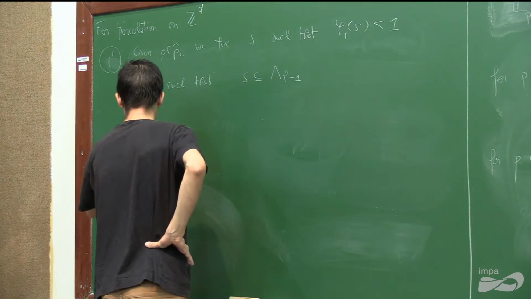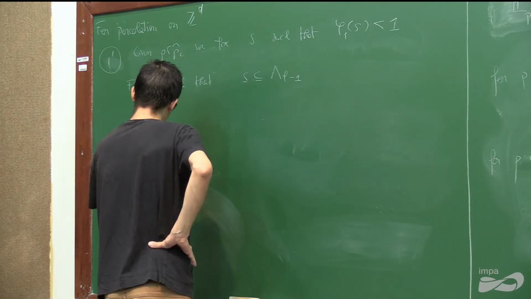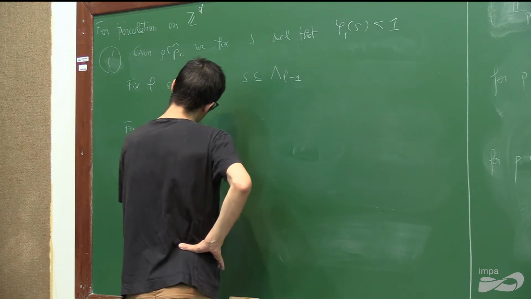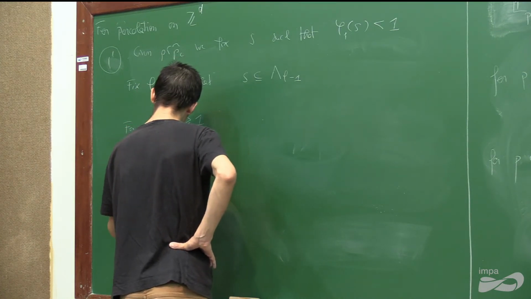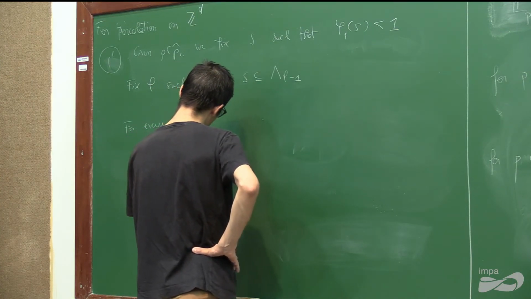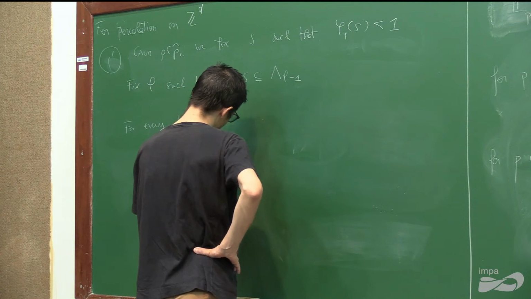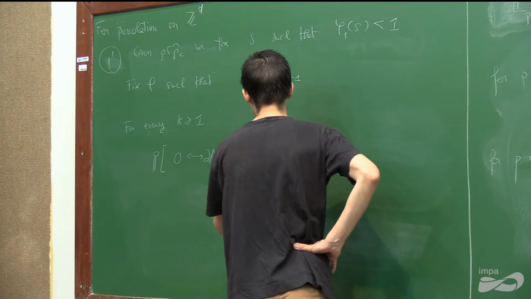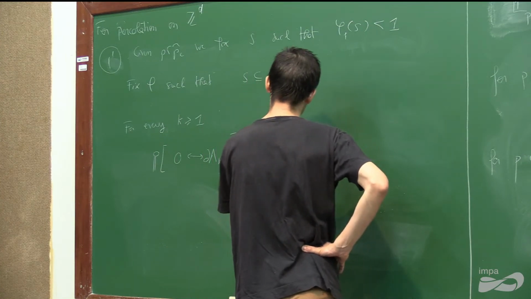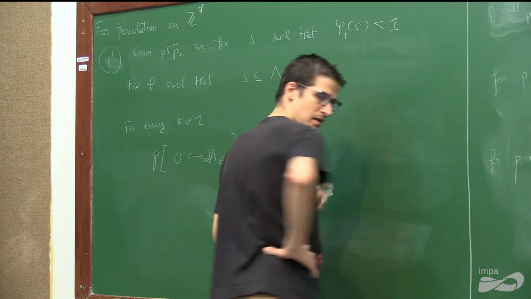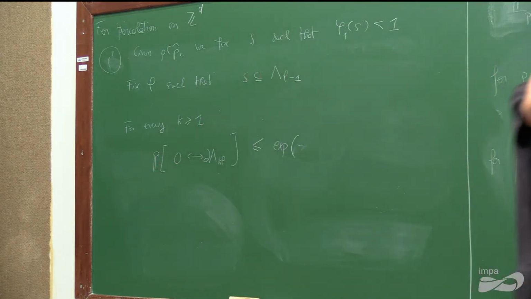We are going to prove that for every k larger than 1, the probability that 0 is connected to the boundary of Lambda_{kL} is smaller than... I'm just checking that I am using the same letters in my notes.